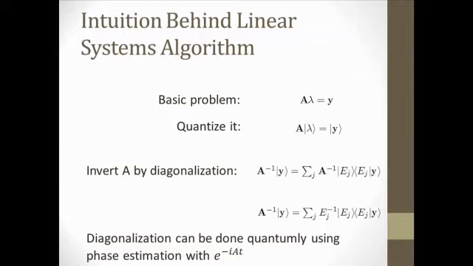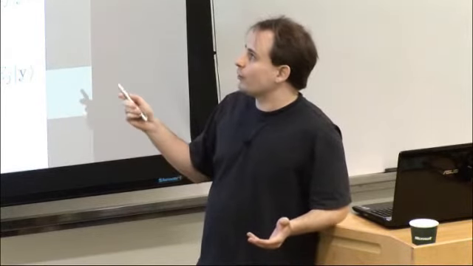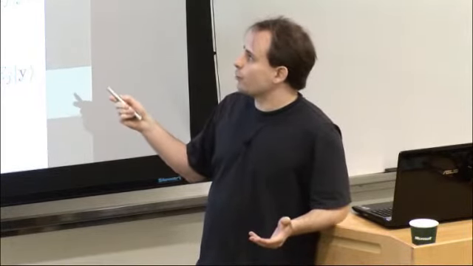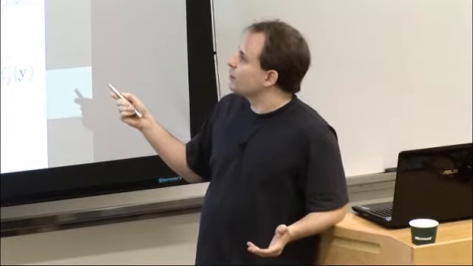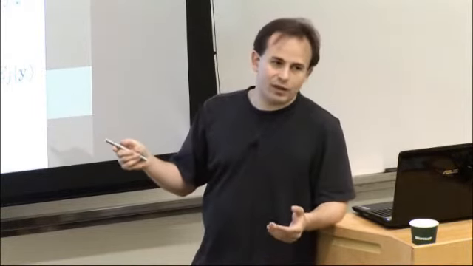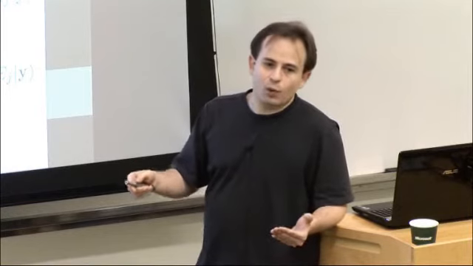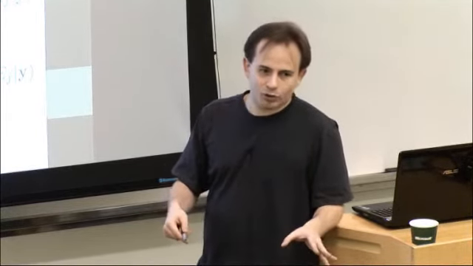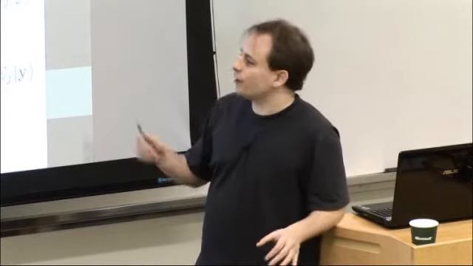The way that you approach using quantum computers in order to solve this problem is you begin with a basic problem, and then you quantize it. You replace the input vector by a quantum state. And again, this quantum state, because of normalization, will only be proportional to that input state. You can lose constants of proportionality with the way that they design this.